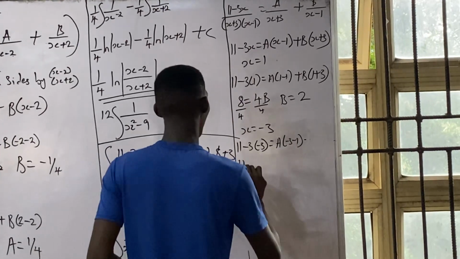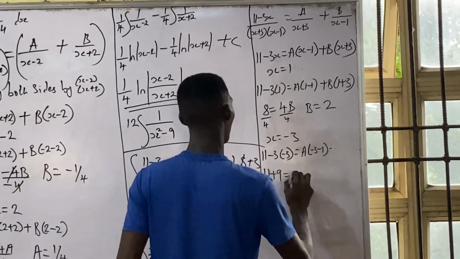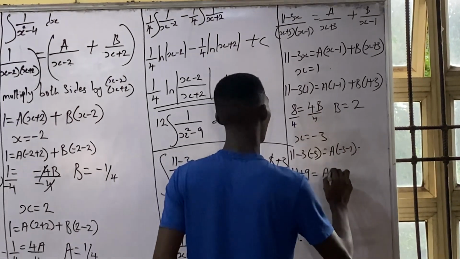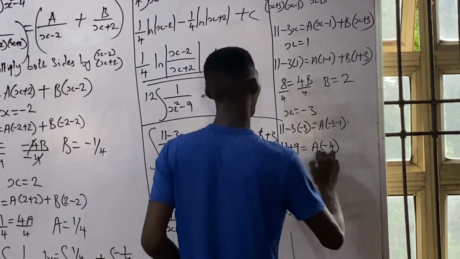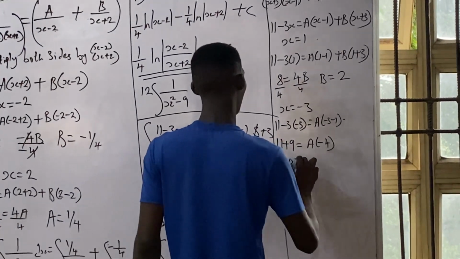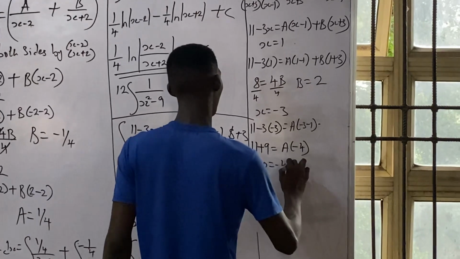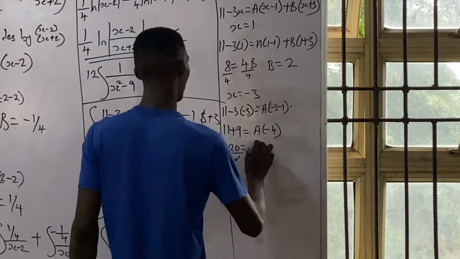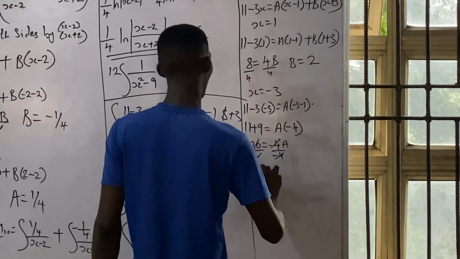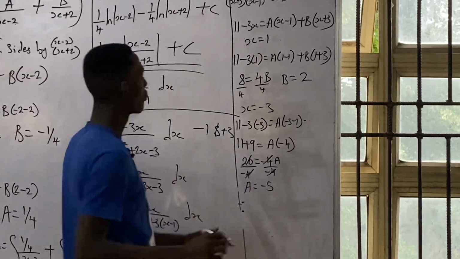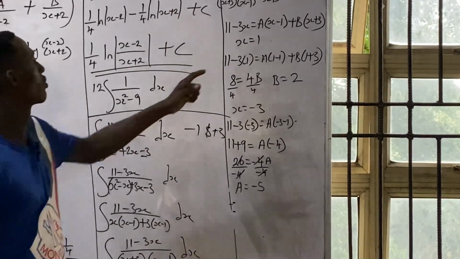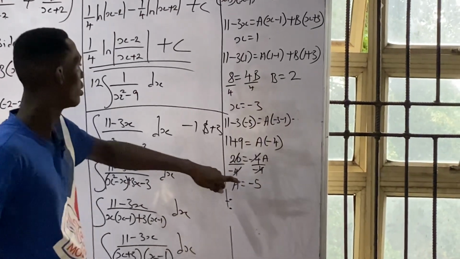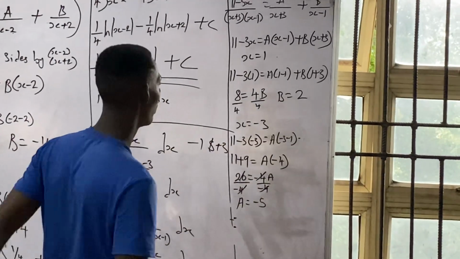Alright, this is 11 plus 9 is equal to a in bracket minus 4. So this is 20 is equal to minus 4a. You divide both sides by minus 4. Therefore, our a is equal to minus 5. So we have gotten our a as minus 5, and we have gotten our b as 2.